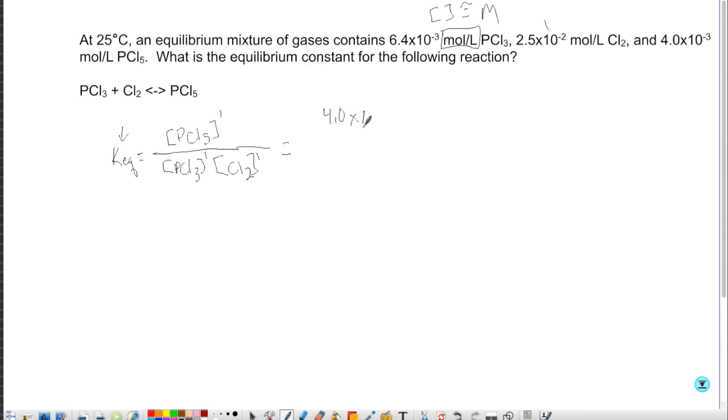So 4.0 times 10 to the minus 3. At this point, I'm going to ignore units because I know that KEQ doesn't have units. These are all in moles per liter, so they're all in the same units, and I'm just going to ignore them for now.